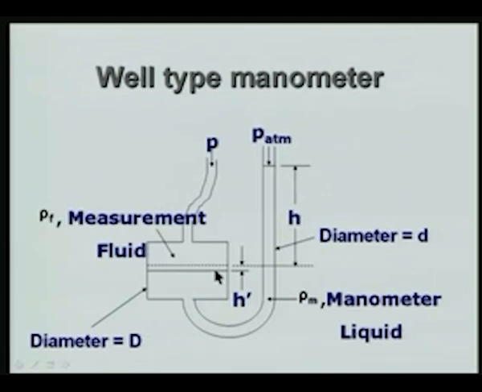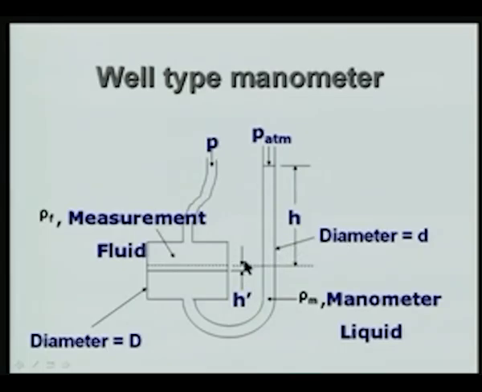Therefore, the change in the level inside the well is a change in volume, which is given by the area of cross section of the well multiplied by h prime. This will be exactly equal to the height h multiplied by the area of cross section of the tube.